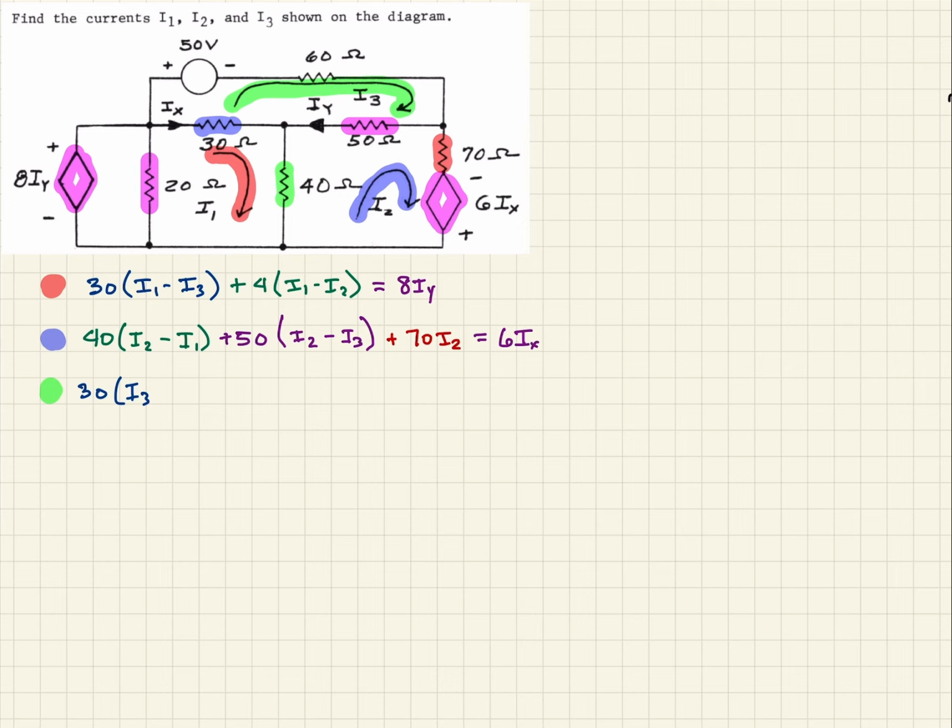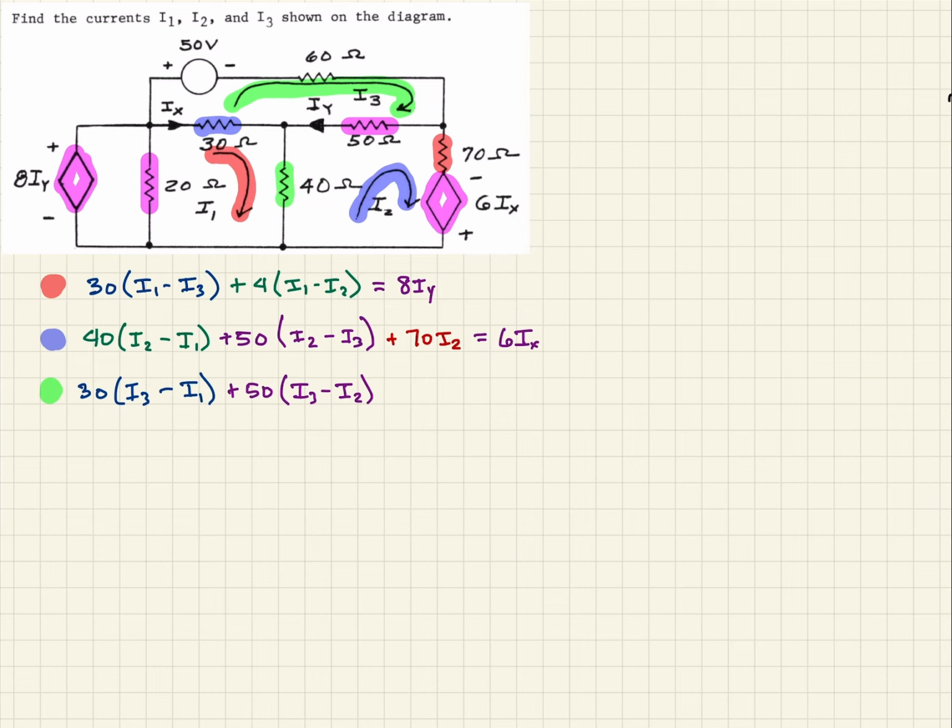Remember, I1's working against us now, so it's going to be minus I1. Then we have the one in purple. So we can keep that one. So that's the 50 ohm. So that's going to be 50 times I3, but now the I2 is working against us. So it goes like that.